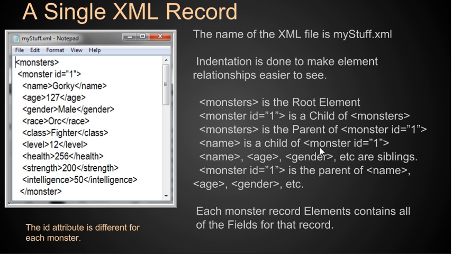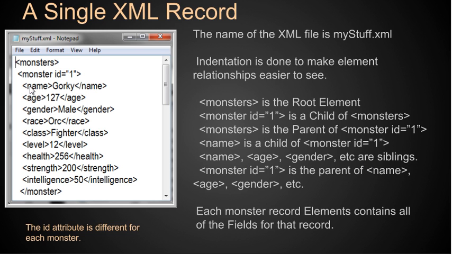Name is a child of monster ID equals 1. Isn't that true, that the name element is a child of the monster element? Why? Because name is contained within the monster element. Okay? Name is a child of the monster ID. Name, age, gender, etc. are siblings.